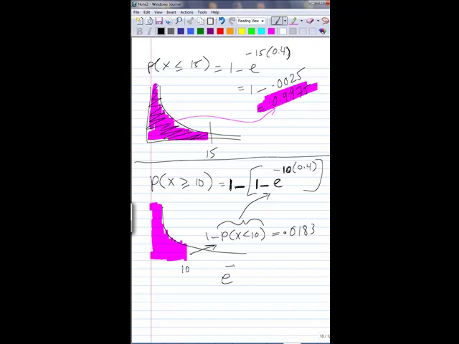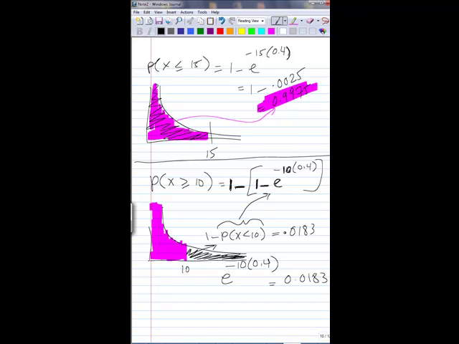So e to the negative 10 times 0.4 is equal to 0.0183. This is the area that I was after.